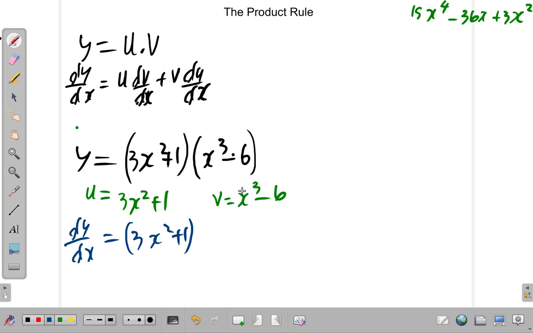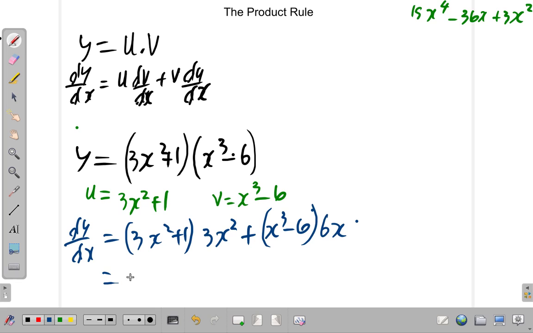So dv by dx would be 3x squared, alright, plus hold v as it is, x cubed minus 6, differentiate u, multiply them, that's v du by dx. So du by dx is 6x.